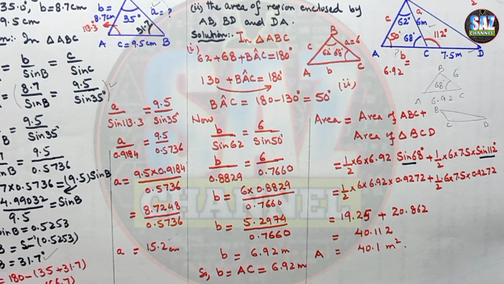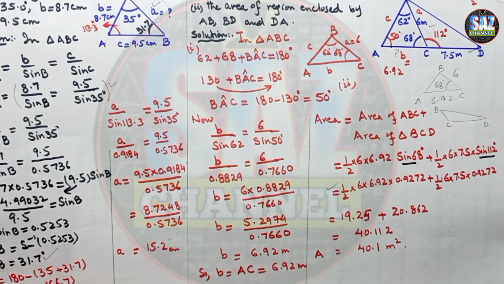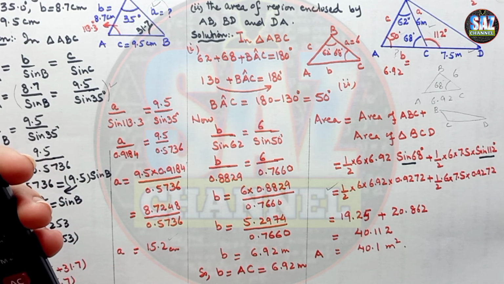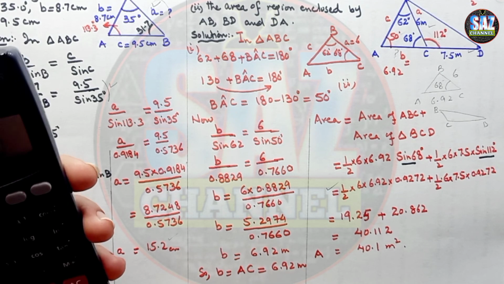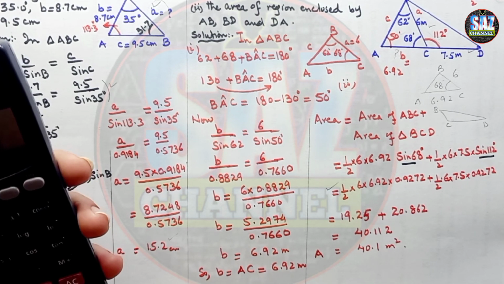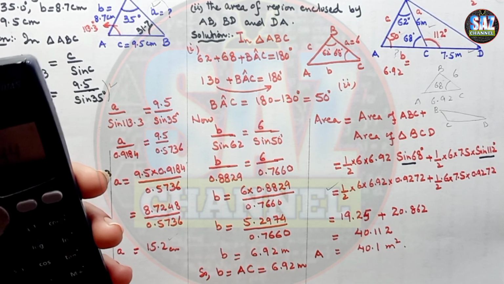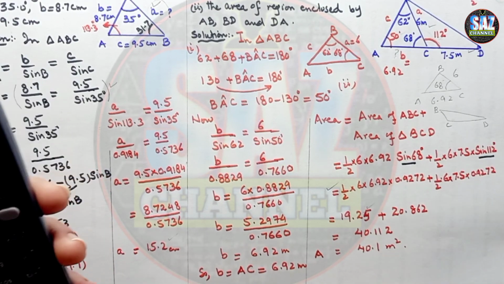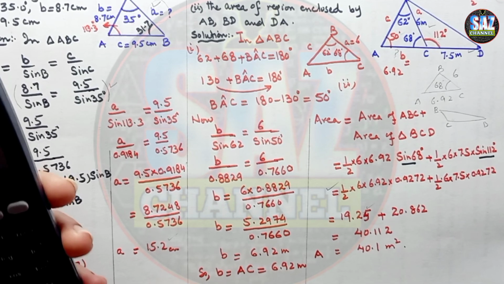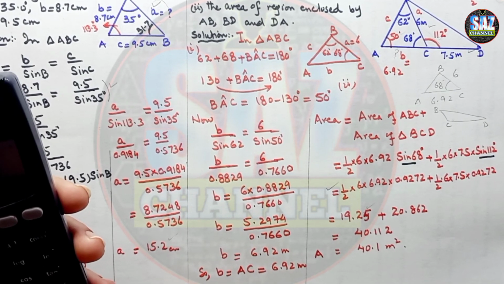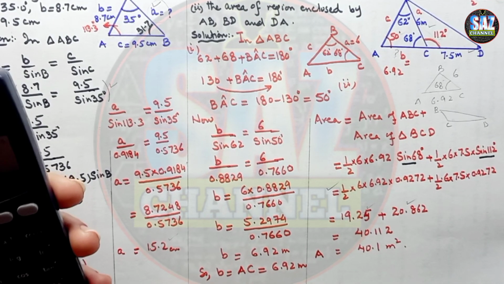Before winding up the solution, I have to recheck this calculation, and I always ask my students to do so. So let me check it. 6 multiplied by 6.92 multiplied by 0.9272 divided by 2 gives me 19.25, and then 6 multiplied by 7.5 multiplied by 0.9272 divided by 2 gives me 20.86, and then I add them.